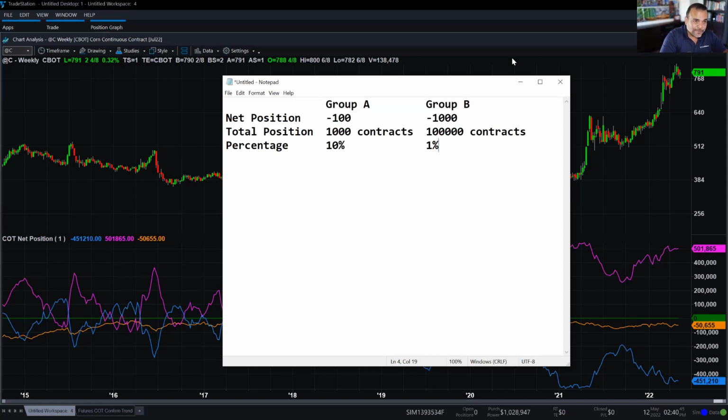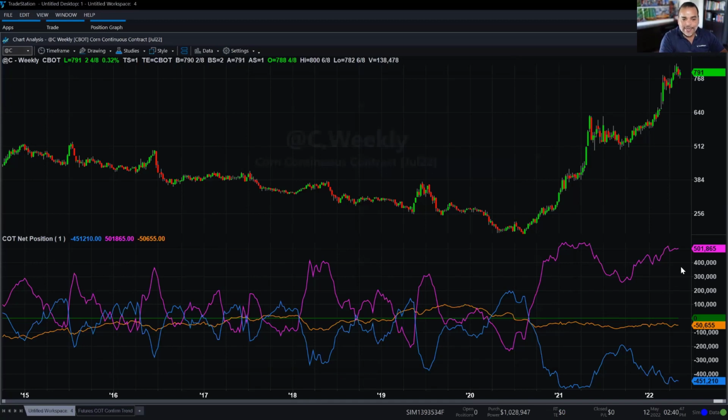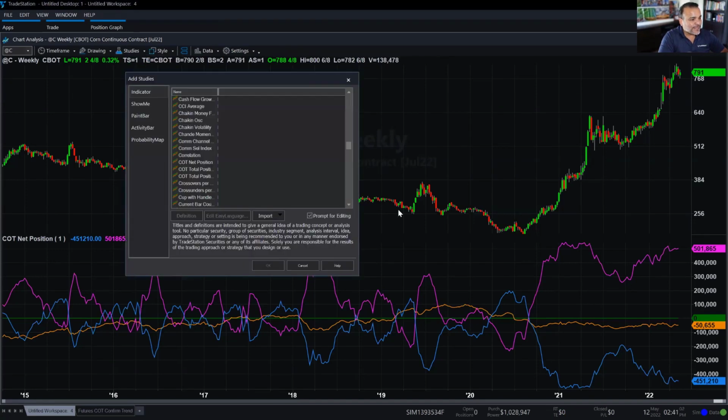So what we're going to do is take a look at these net positions, but in relationship to their starting point. Because the non-commercials are net 501, but what does that mean? Well, let me look at the total position first. Let me go here to add studies. This is one of the built-in indicators, the total position.